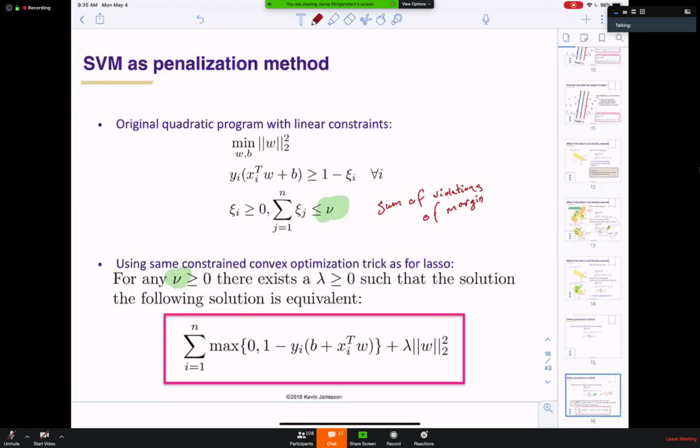Okay, so that's just a remark about another way you can think about this particular optimization problem. And one nice interpretation that falls out of this is that we're trying to regularize to have a relatively small w, meaning the norm of w being relatively small.